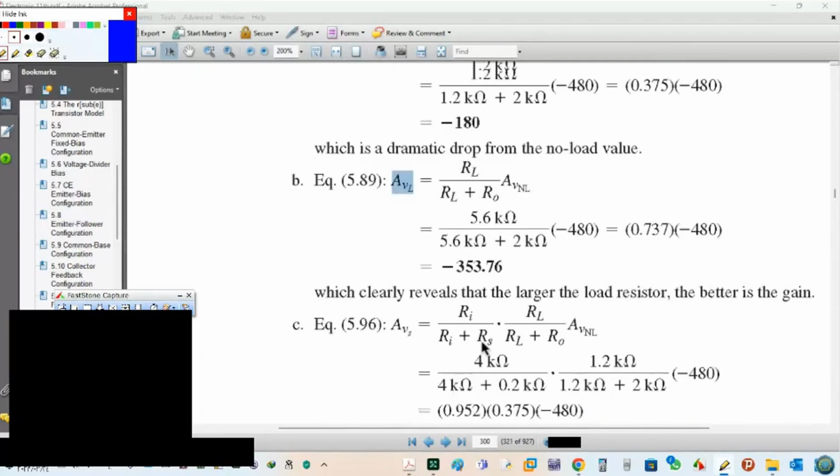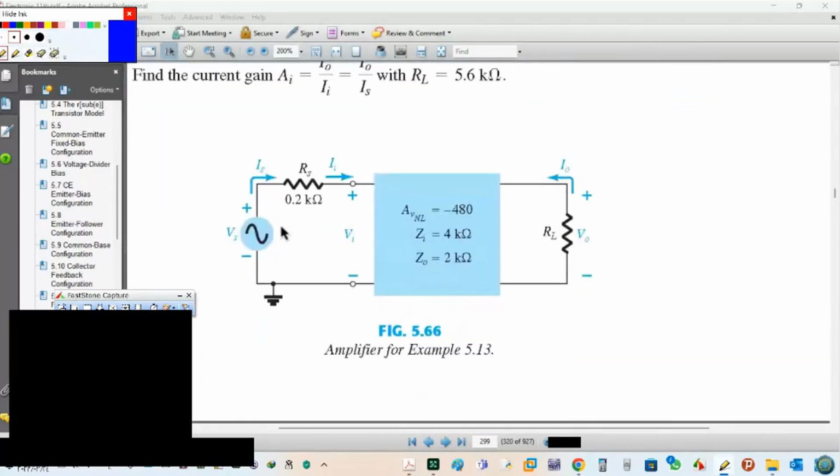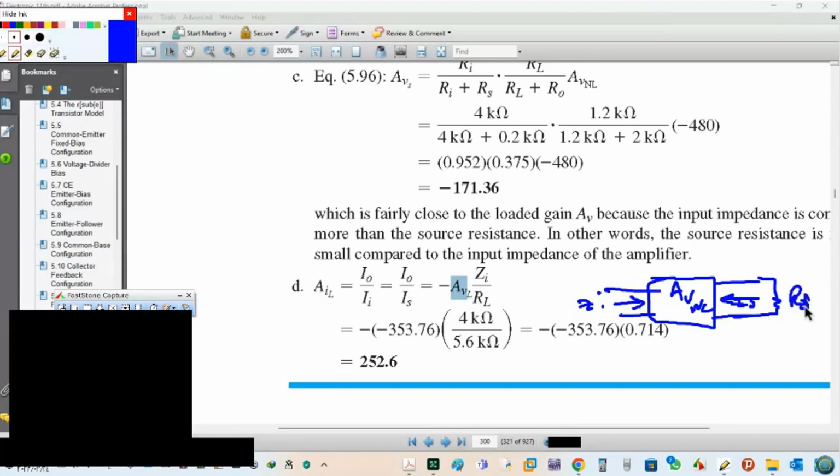Now, another part of the question, he asked me to calculate or define the current gain directly from the formula. AIL, it's minus. Don't forget the minus. We have either one positive, one negative. AV load. Okay. Let me draw the system. AI, this is the system, AV no load, ZI, ZO, RL, and here are the parameters.